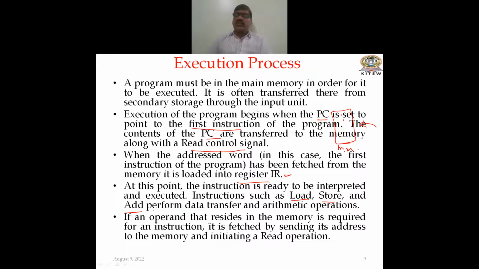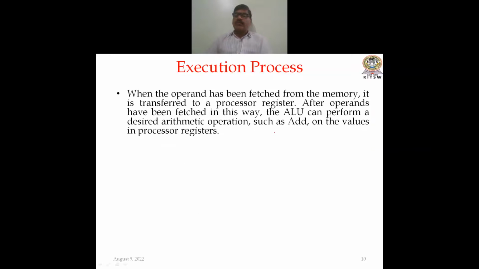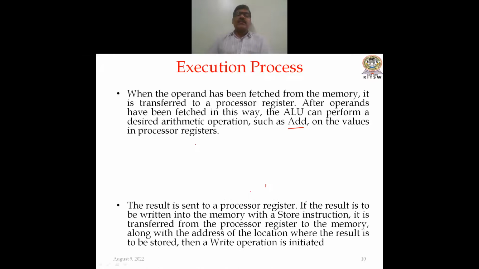If an operand that resides in the memory is required for an instruction, it is fetched by sending its address to the memory and initiating a read operation. When the operand has been fetched from the memory, it is transferred to a processor register. After the operands have been fetched in this way, the arithmetic and logic unit will perform the required arithmetic and logic operations.